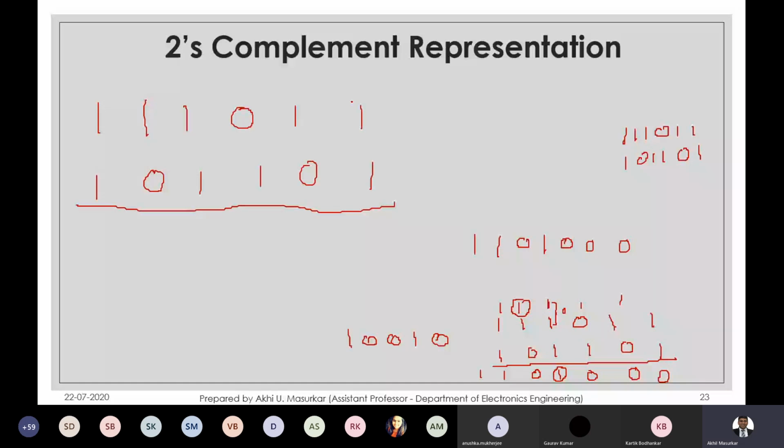Now here 1 plus 1, have you understood this? 0, that is carry will be 1. Yes, sir. Okay. Now 1 plus 1 will be 0, carry again 1. So 1 plus 0 is 1, and then 1 plus 1 will be 0, again carry is 1.